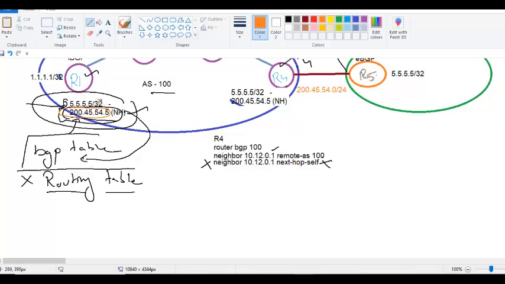This route information given by BGP cannot be considered the best route. Only a best route can be seen in the routing table. This information is valid, but it is not best, because the next hop address is unreachable.